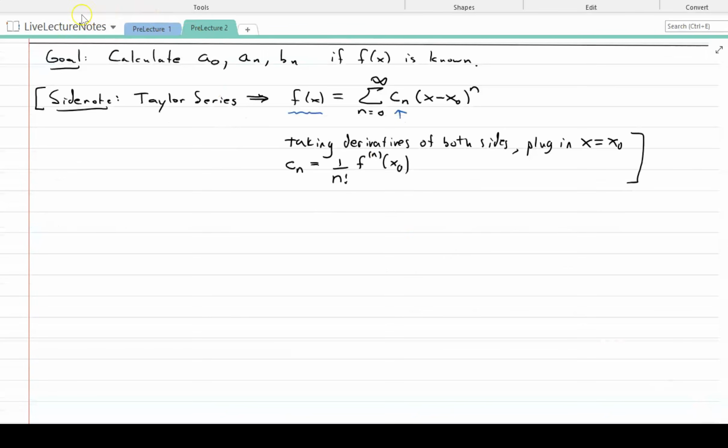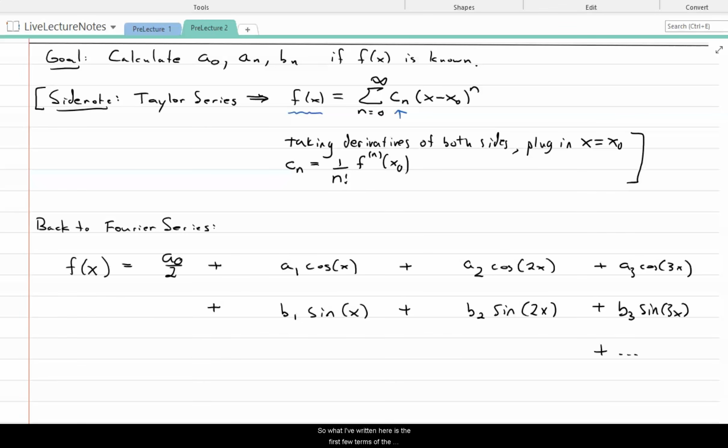All right, so let me just rewrite the Fourier series, and I'm going to write it out more explicitly, just so it's a little bit more transparent what's going on. What I've written here is the first few terms of the Fourier series of f of x. So here's the function f, and we're saying we know that function. And then it's written as a sum of sines and cosines, and I just wrote down the first few terms.